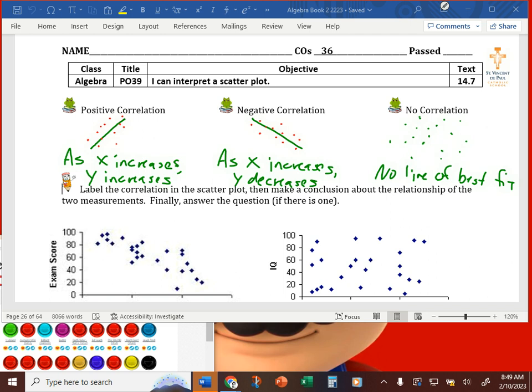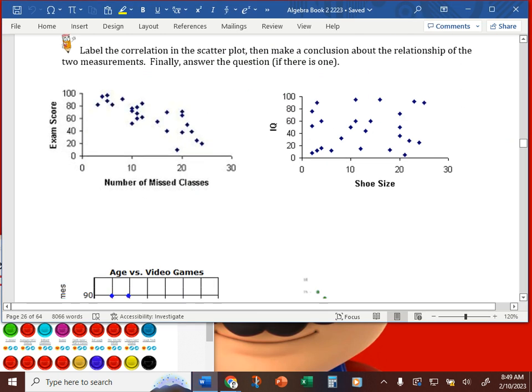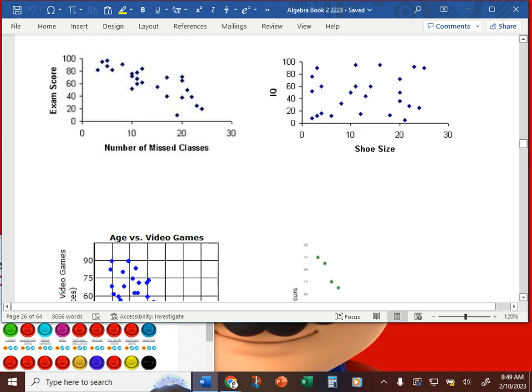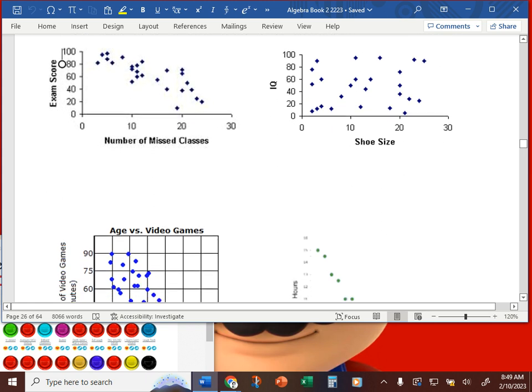Okay. So looking down below, your job is to now label the correlation in the scatter plot and then make a conclusion about the relationship of the two values or the two measurements. Then, if there is a question to answer, go ahead and answer it. So this first one, our x-axis is number of missed classes, and the y-axis is exam score.